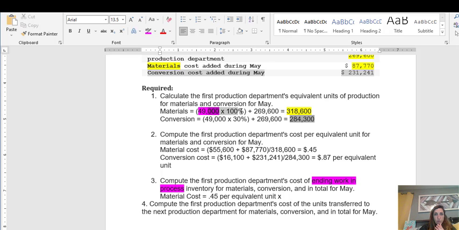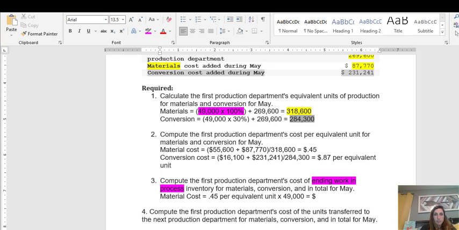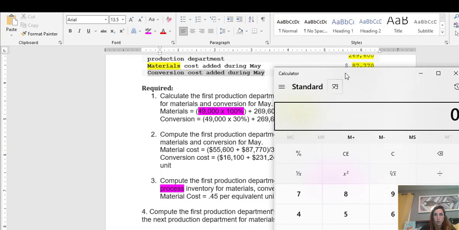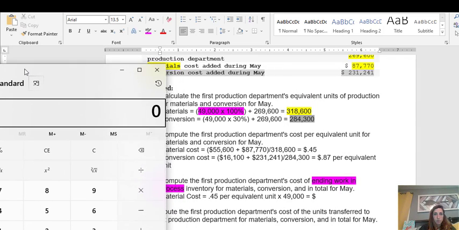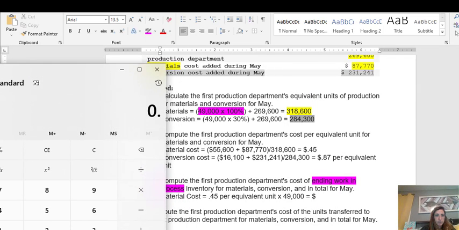That happens to be 49,000 for materials because it is getting multiplied by 100%. I'm going to have that as part of my answer. I'm going to do that same process when I calculate the conversion cost. So for materials, it's 45 cents multiplied by 49,000 equivalent units, so $22,050.